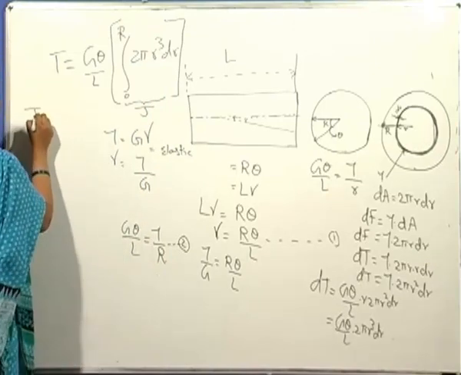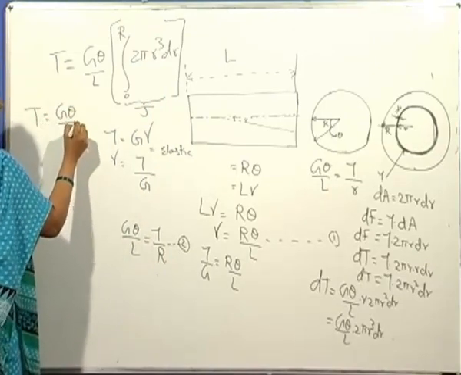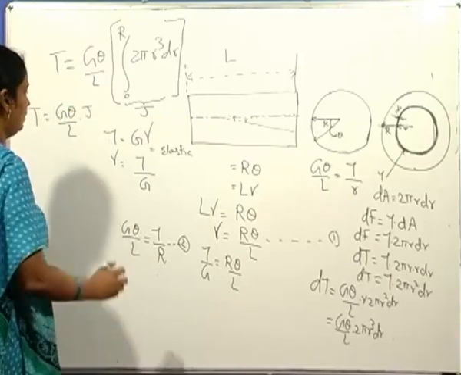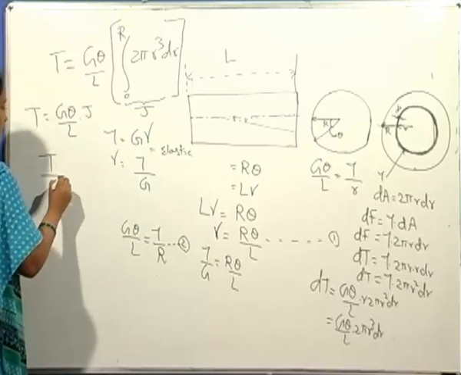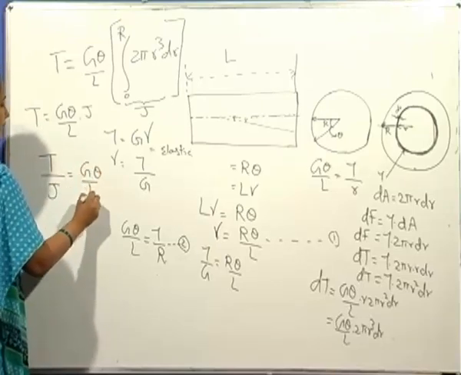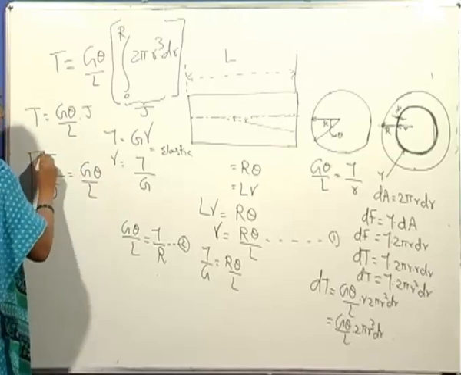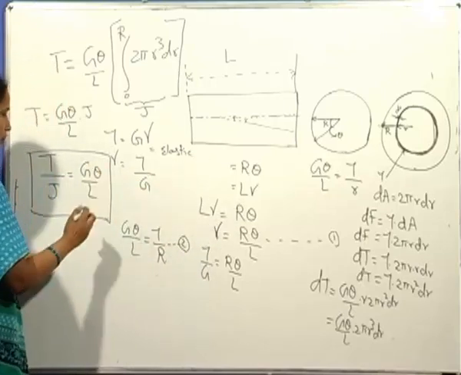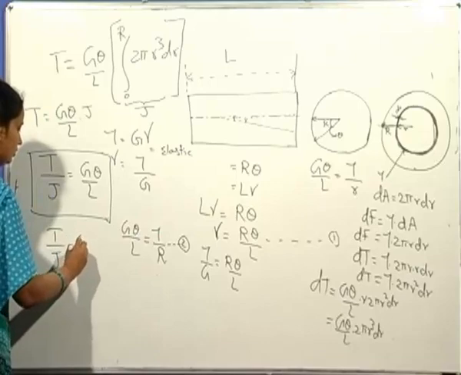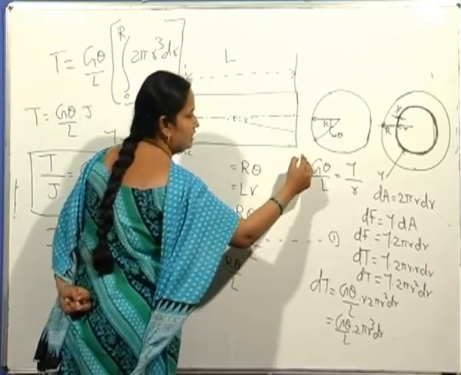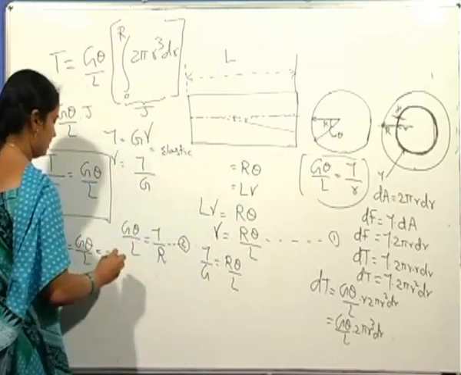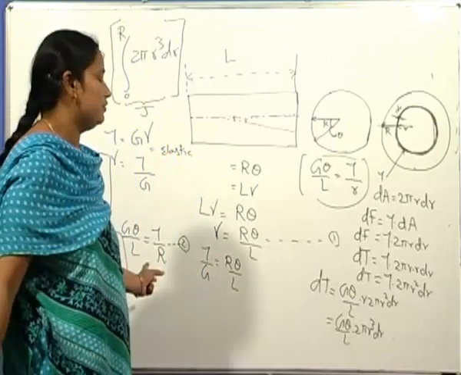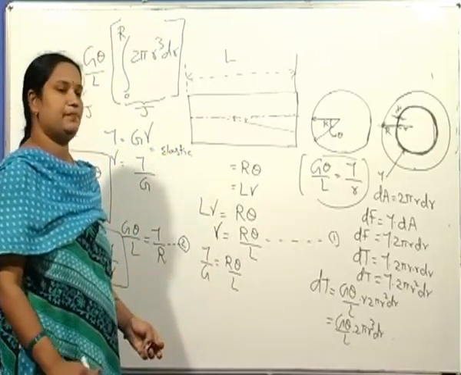So torque is equal to G theta by L into J. So we have the equation now, T by J is equal to G theta by L. This is the equation for the torque, where G theta by L can also be written as tau by R, shear stress by the radius. So this is the equation for the torque, which is valid only for elastic strains.